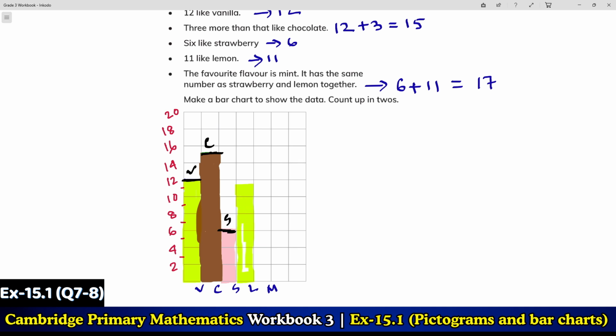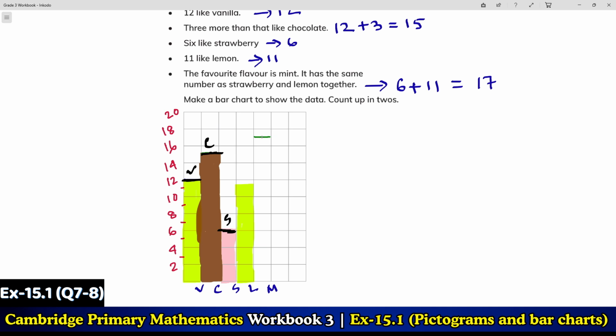Okay, and finally the most famous, 17, mint. 17 means it's between 16 and 18. It's our mint.